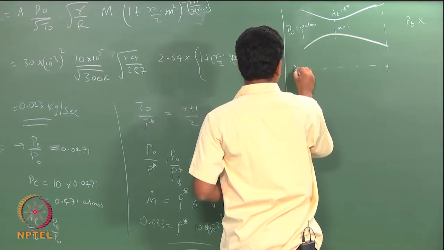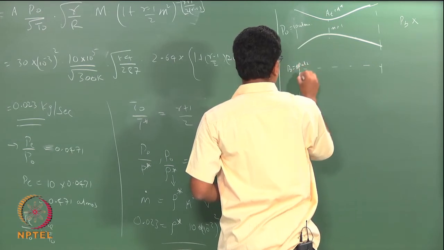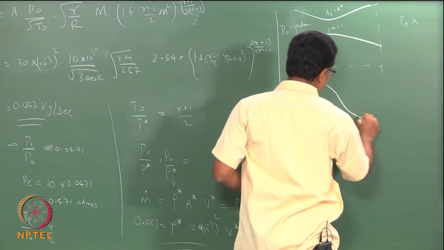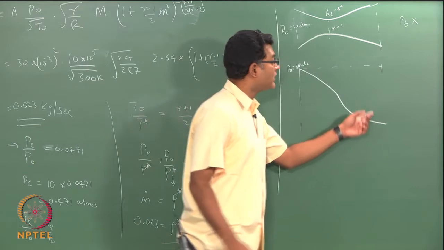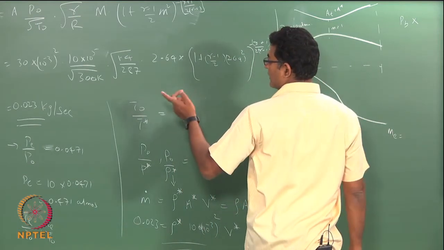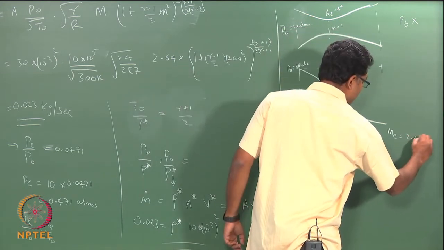So, P0 is 10 atmospheres. This might have reduced to some value and it has now taken the isentropic route to get M exit to be equal to 2.64.